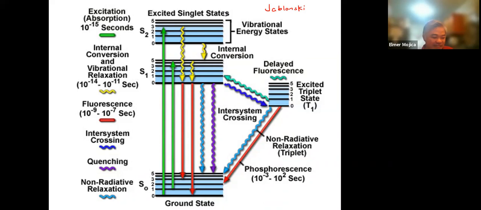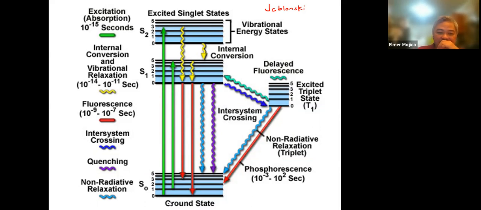It's named after a guy named Jablonski. Okay. So if this is the first time that you hear it, at least you learn something today about what we call this Jablonski diagram.